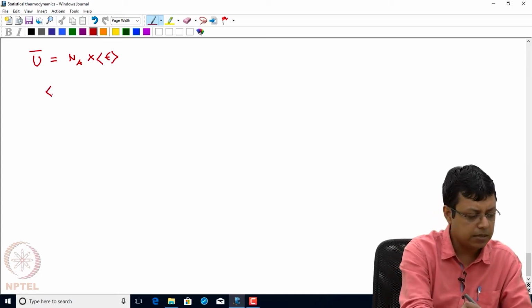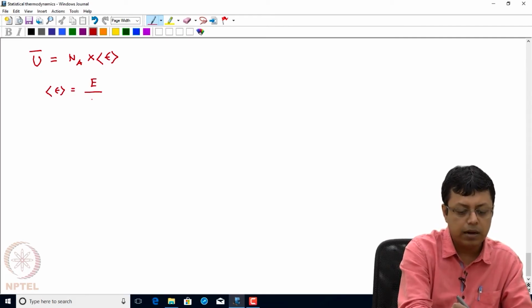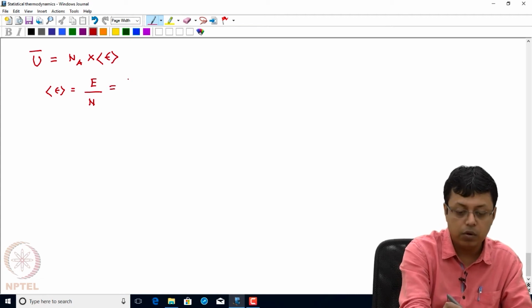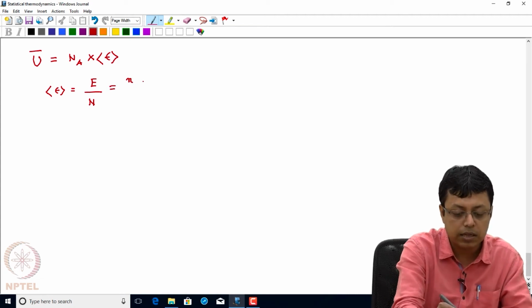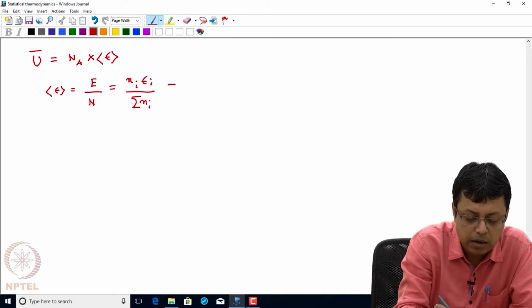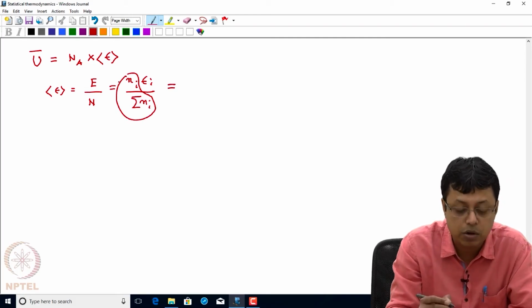This average is basically the total energy divided by the number of molecules. We already know the total energy's expression: it is the sum of N_i epsilon_i, and remember the number of molecules was the sum over N_i. Now N_i divided by the sum over N_i is the probability which we talked about.